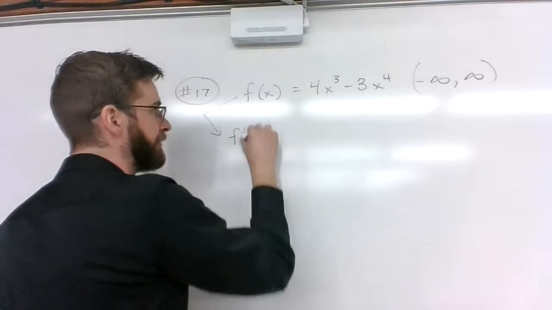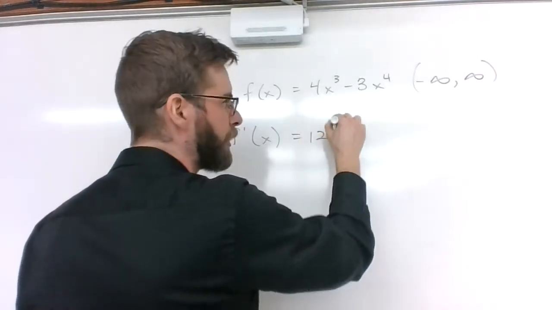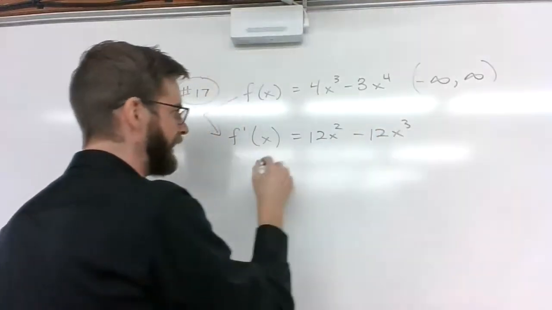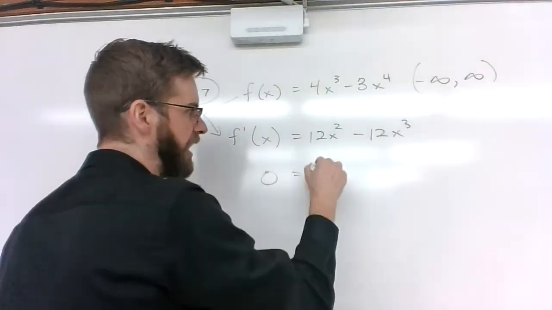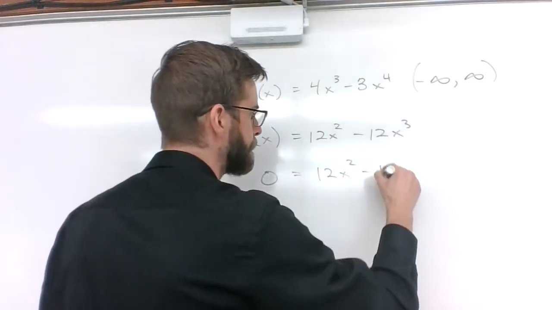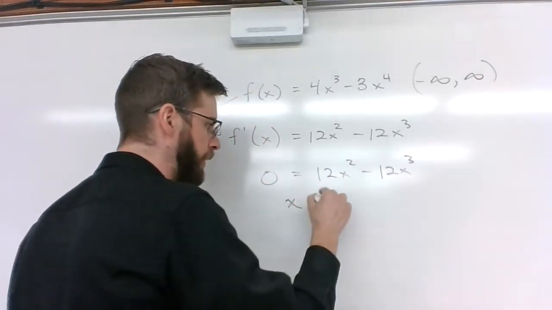So when we take the derivative, you get 12x squared minus 12x cubed. I think we worked with this when we zoomed yesterday. So 0 equals that. The two solutions would be 0 and 1. So x equals 0, x equals 1.